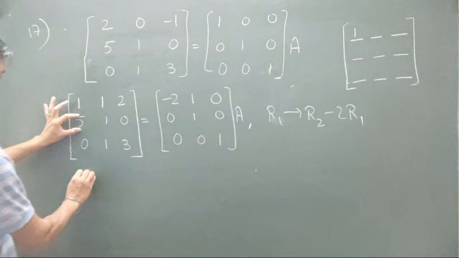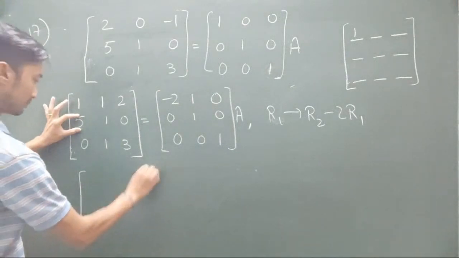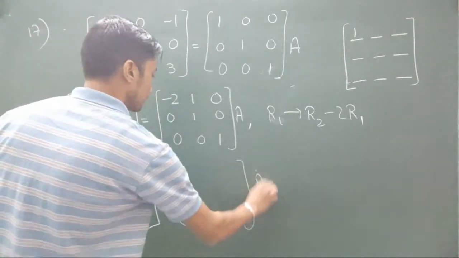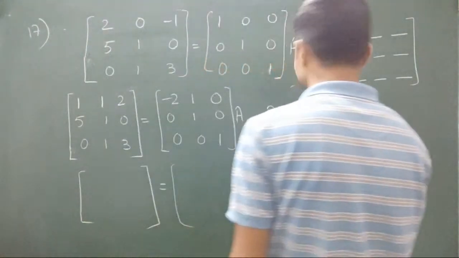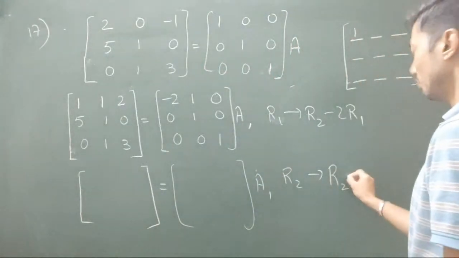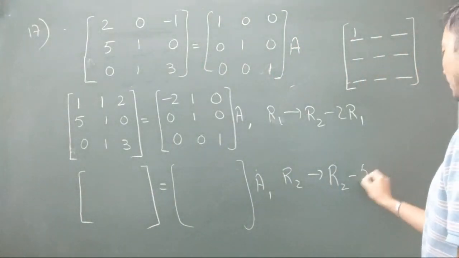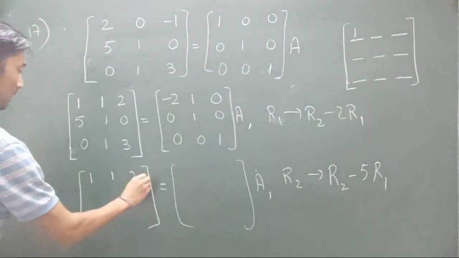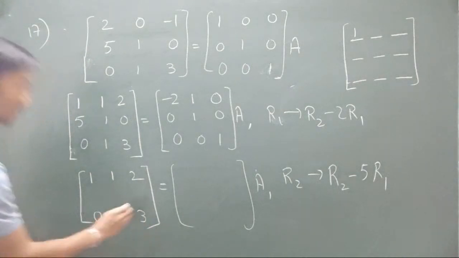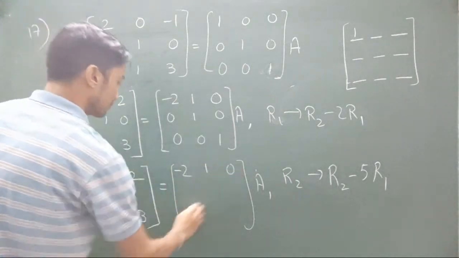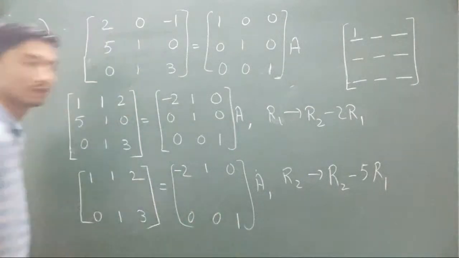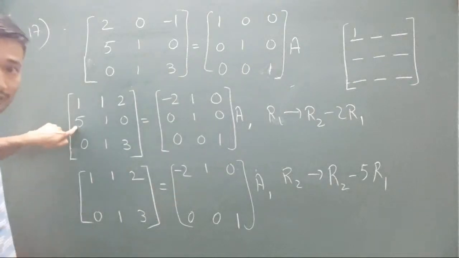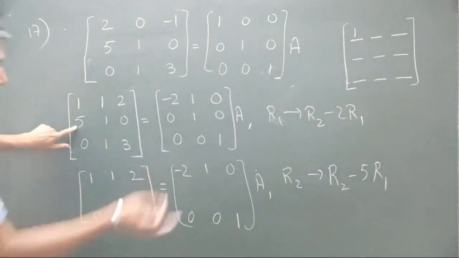Next is to convert this to 0. So what I can do is R2, I'll convert as R2 minus 5 times of R1. So R1 I won't be changing, R3 I won't be changing. So now I'm going to do it directly. I hope you can catch it up because let's save some time.